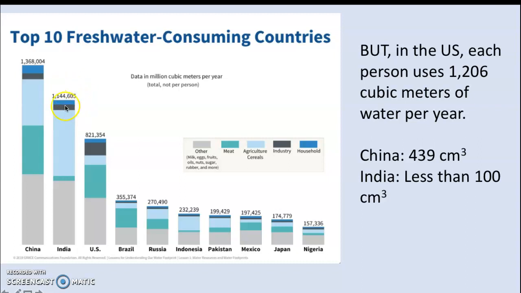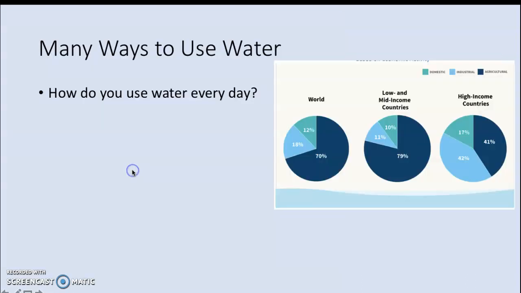That's in this number. In the US, again, we are the third largest consumer of water, and each person uses 1,206 cubic meters of water per year. So this is a little bit misleading if you're starting to feel good about yourself. Just kidding. So how do you use that water?